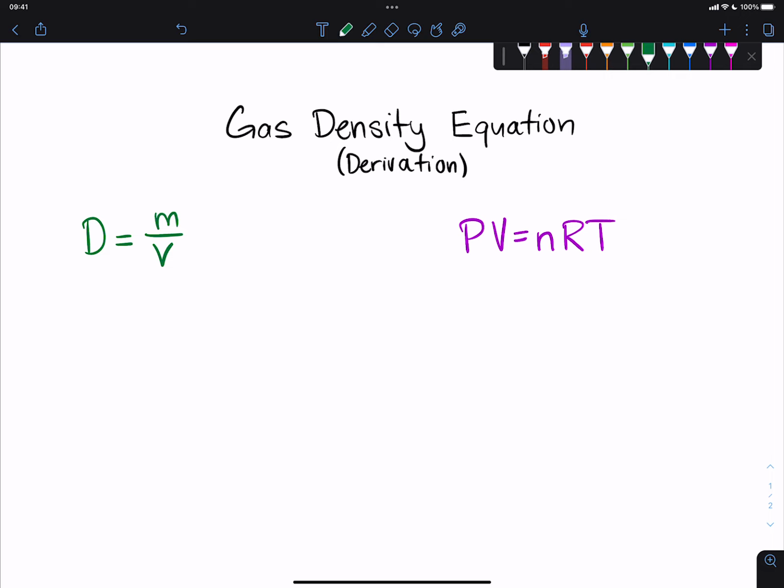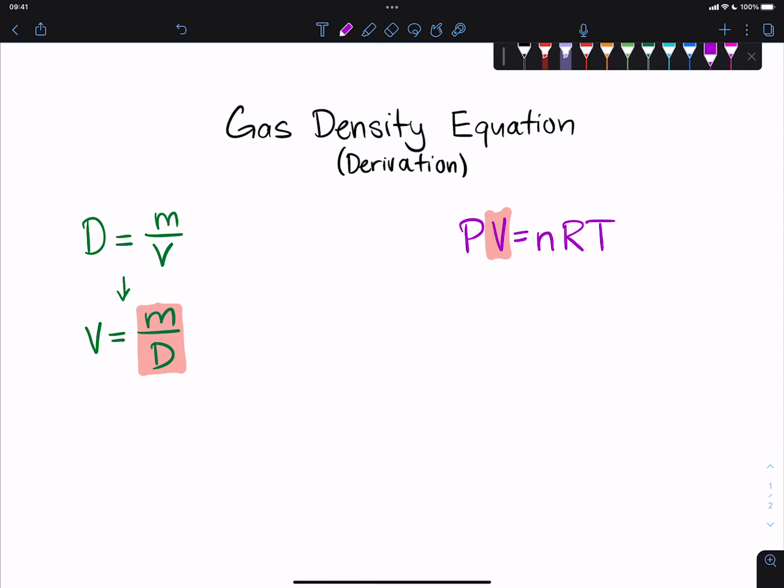So if D equals M over V, we can rearrange this equation to get V equals M over D. Volume is equal to mass divided by density. Then we can take this and plug it in for where V is in the ideal gas law.